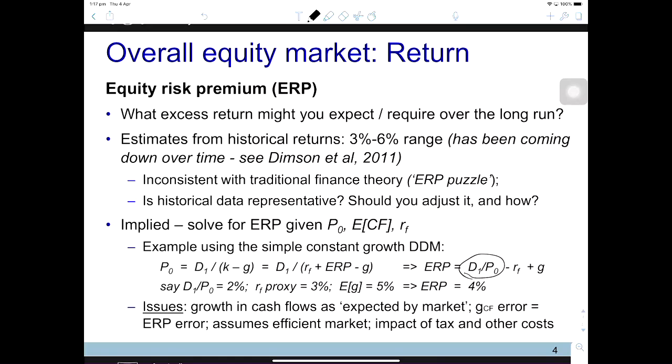So in the world average, or in the US, the equity dividend yield is about 2%, and the risk-free rate, what's the risk-free rate in the US market right now? What's the cash rate? 1.5%?